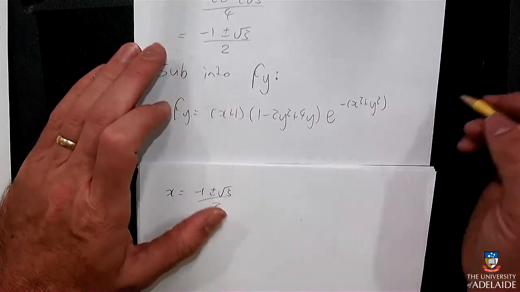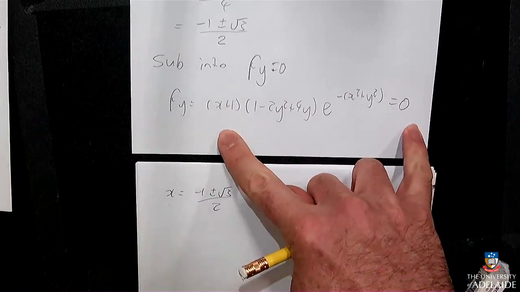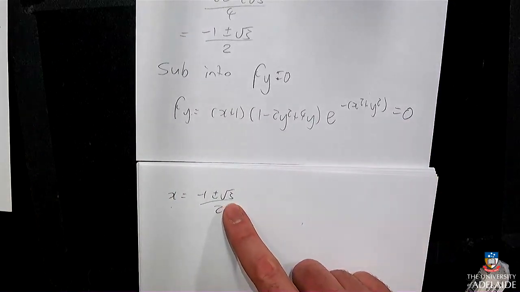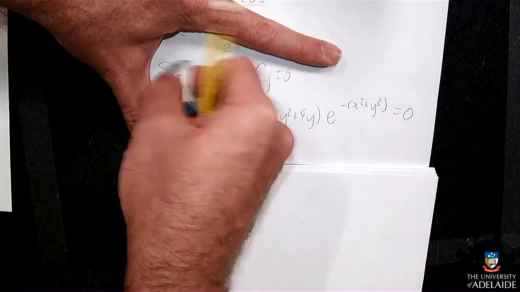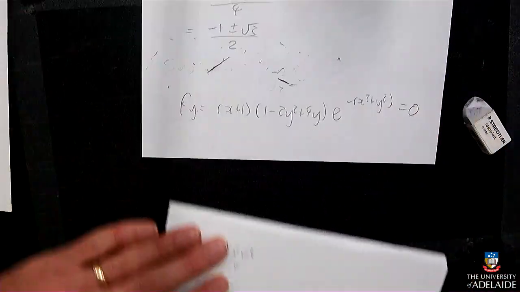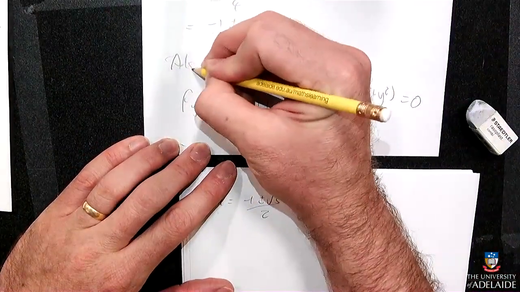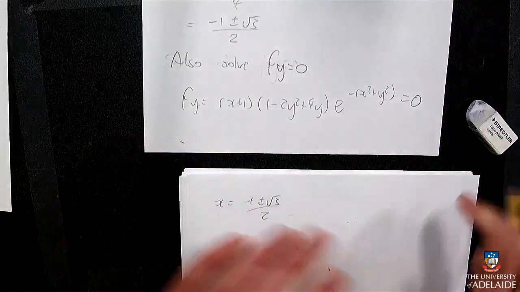I want that to be 0. So if x is this, then it doesn't... Okay, so maybe subbing it in isn't the best plan. Sorry. Subbing in is sometimes a good plan. Today, not so much. Let's just solve the other one.